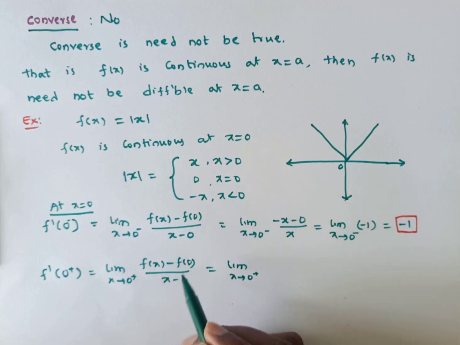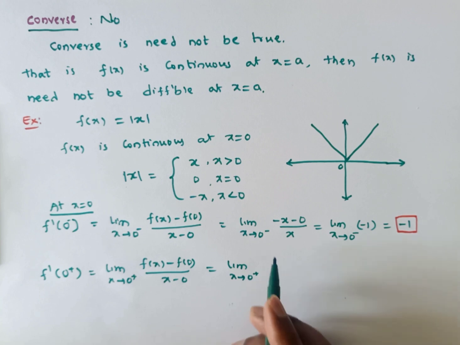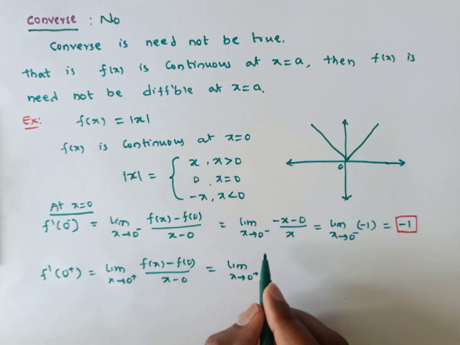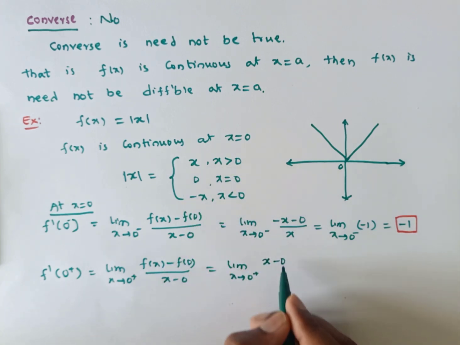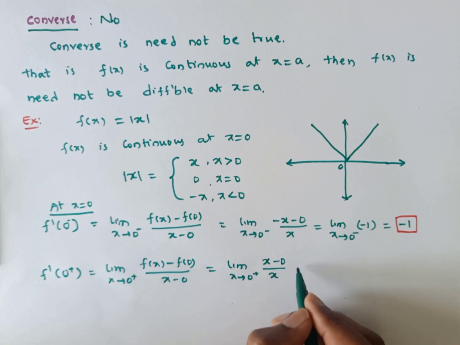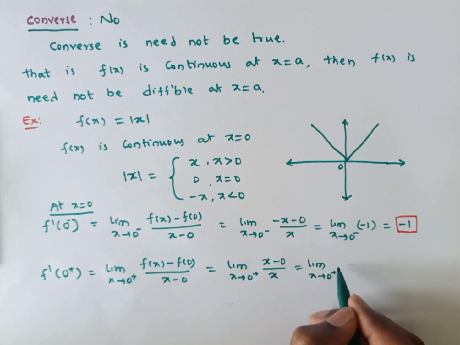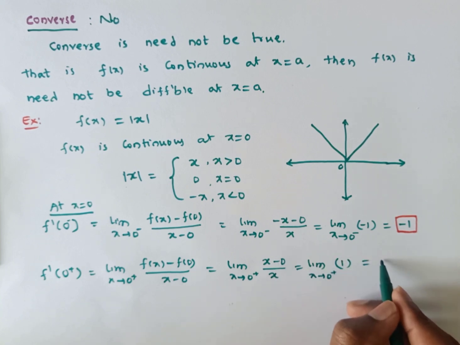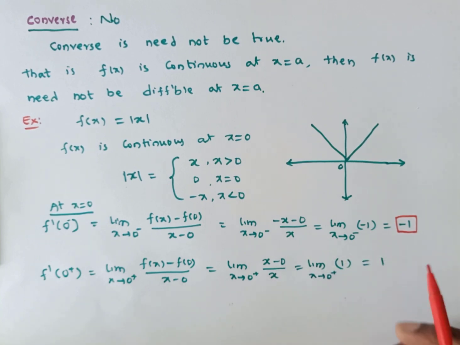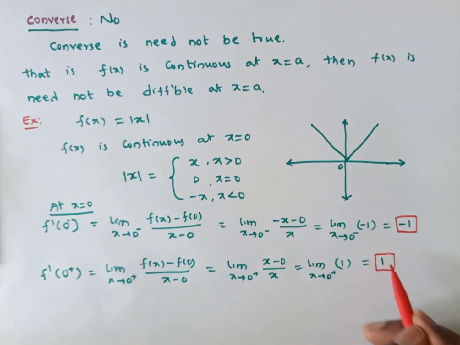Here x is a little bit more than 0, that is x greater than 0. When x is greater than 0, how is f of x defined? It is x. So x minus 0 divided by x. So finally this is limit x tends to 0 plus, x by x, means it is 1. So the right hand derivative is 1.